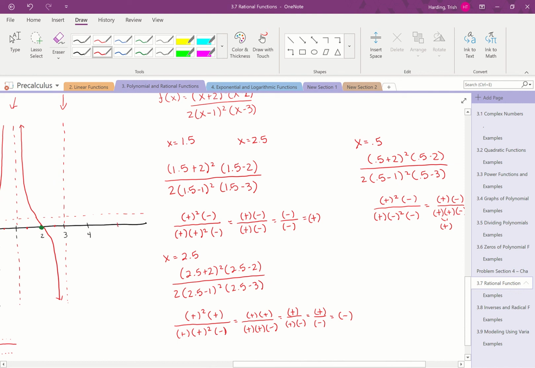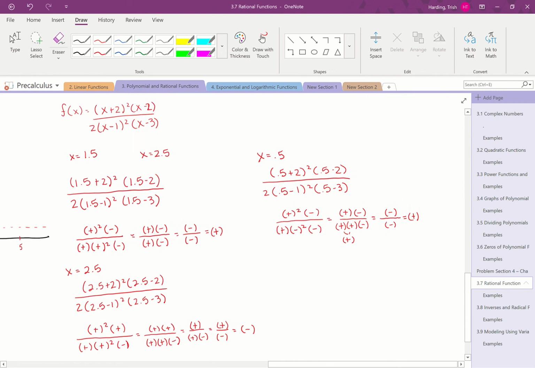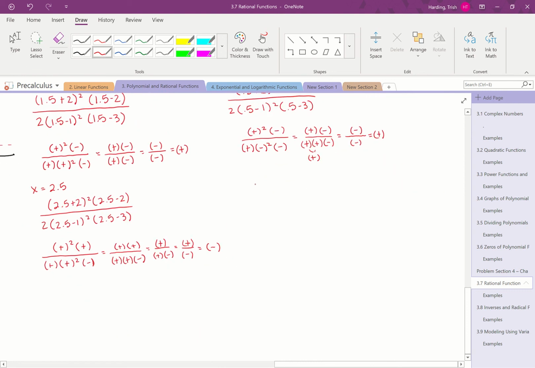So let's see what it is at 5. So we are going to have 5 plus 2 squared, 5 minus 2. 2 times 5 minus 1 squared, 5 minus 3.